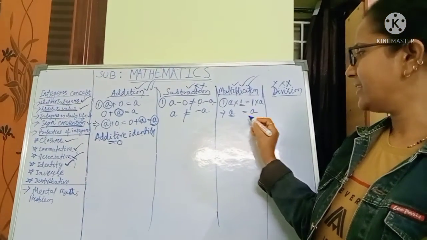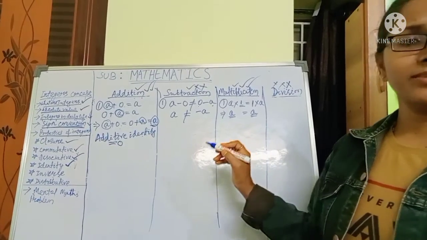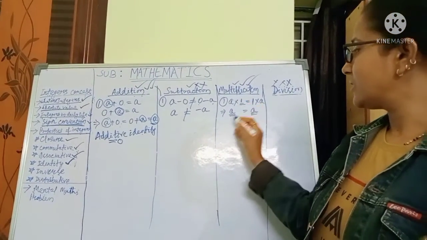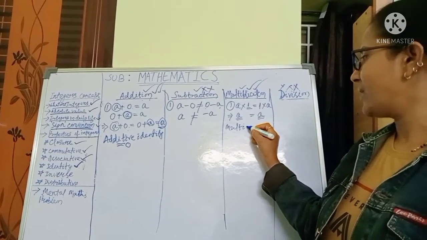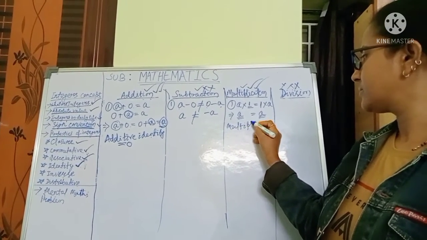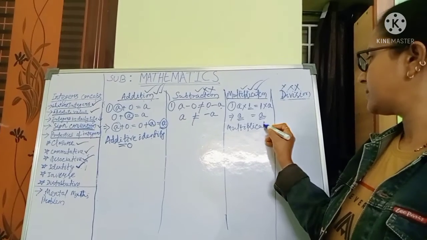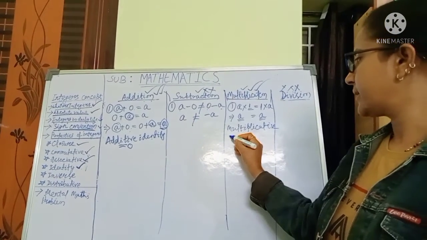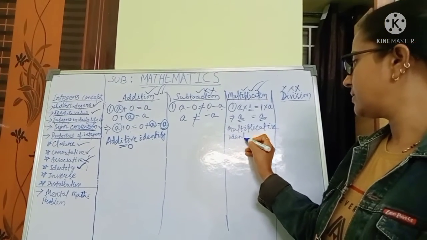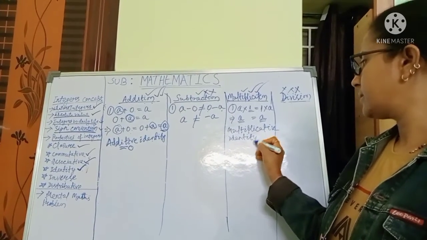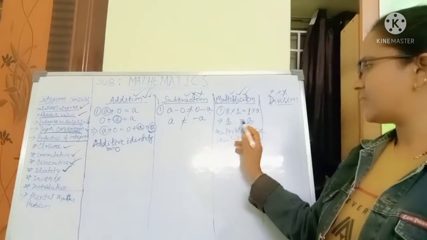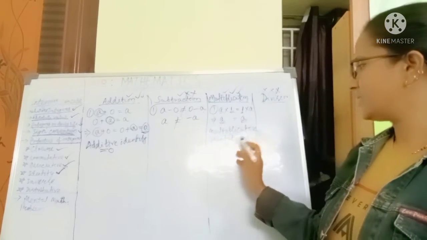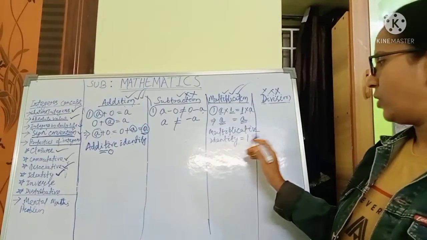So we are getting the same integer. The multiplicative identity is always 1.